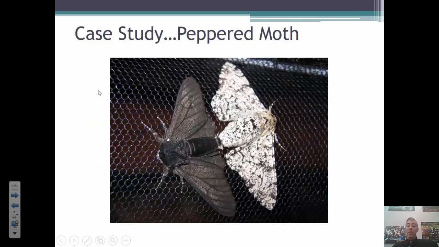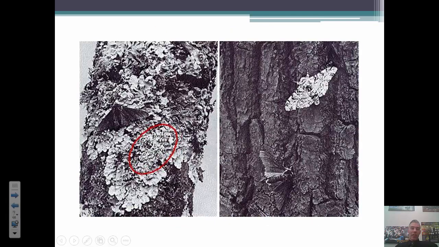One of the examples of this actually is the peppered moth. This is a real life example. There's 2 color morphs of the peppered moth. There's this really dark gray colored peppered moth, and there's this really light colored peppered moth that looks like it's peppered, basically. And these peppered moths actually live on trees in England.